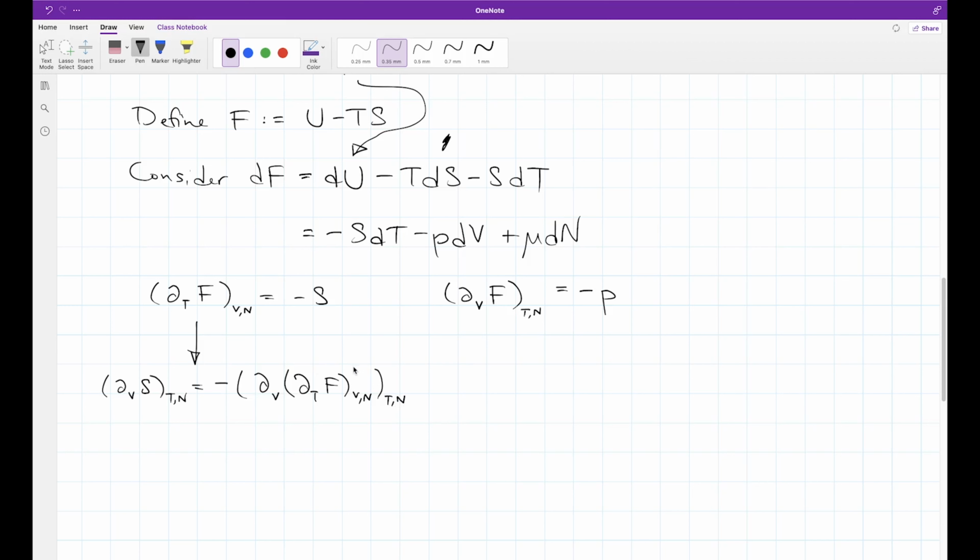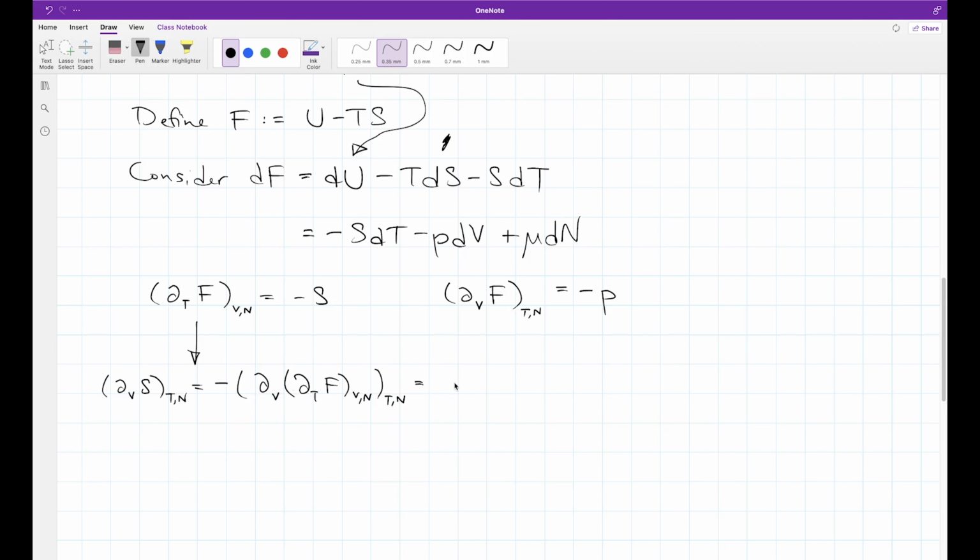What we're going to want to do is use the fact that partial derivatives commute with each other. In other words, this partial with respect to V followed by this partial with respect to T. I guess I'm talking the way that it's written. In actuality, it's this partial with respect to T followed by this partial with respect to V would be the same as doing it in the opposite order.